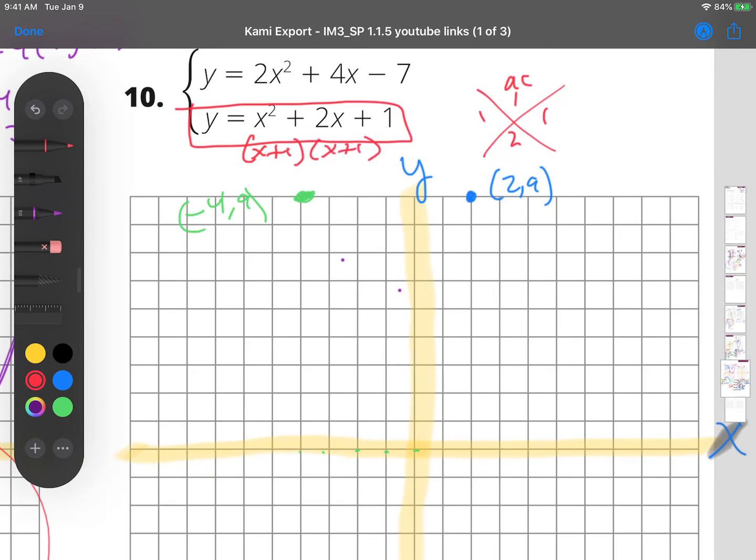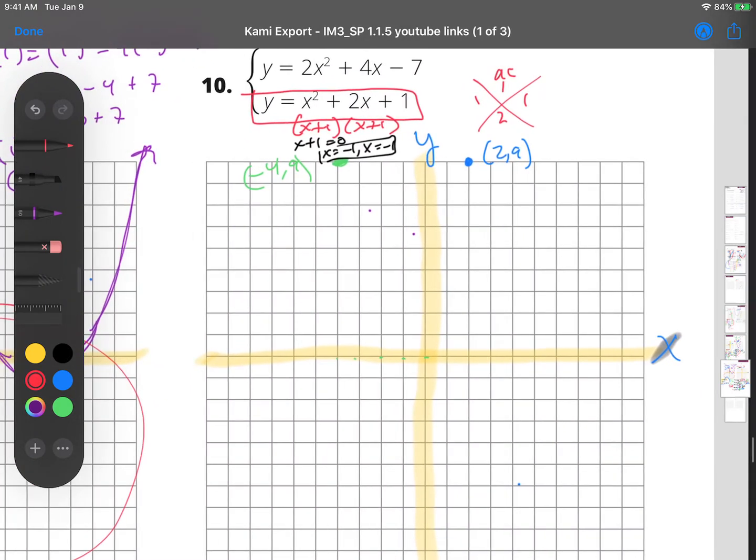So remember, if you just set it equal to 0, you will get x equals negative 1, which means it's a double root, right? It's the same number there. That basically just means if you go to negative 1, that's what I'm graphing right there. And then a y-intercept of 1, my graph's going to look something like this.